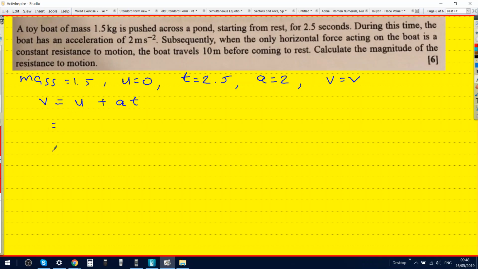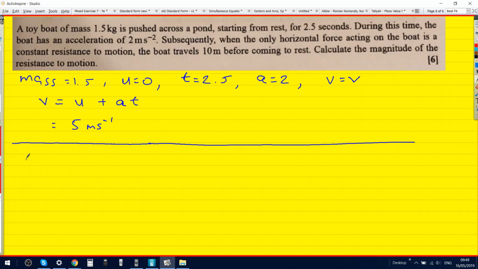So use that to work out v. So v equals 5. Yeah, that's it. And so that's the first half.